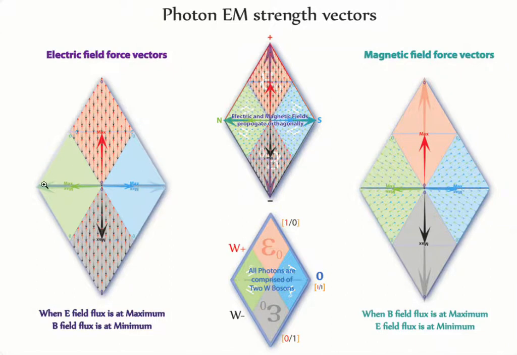The magnetic dipole is at its maximum when the E field is at its minimum. And likewise, when the E fields are at their maximum points, positive or negative, the magnetic dipole is at its minimum, or zero point.